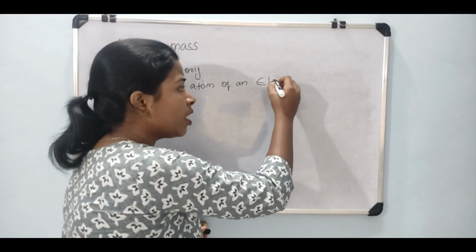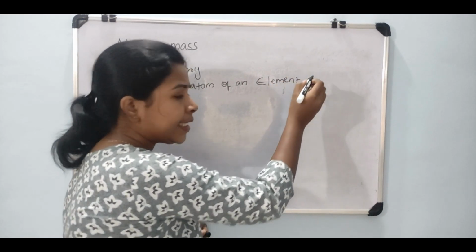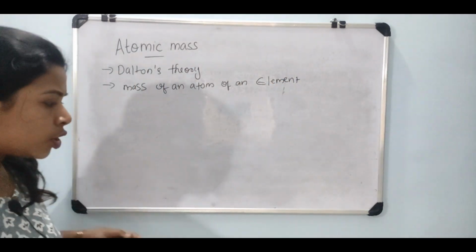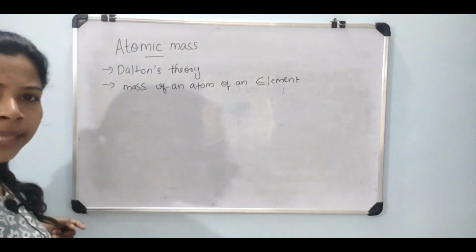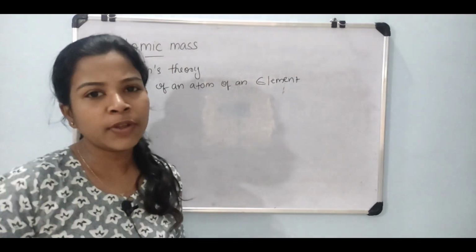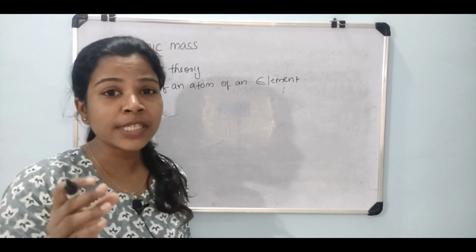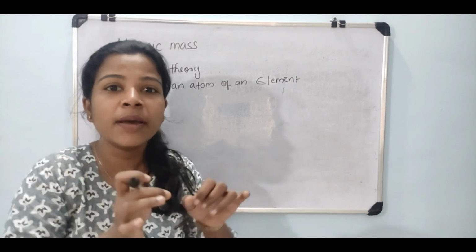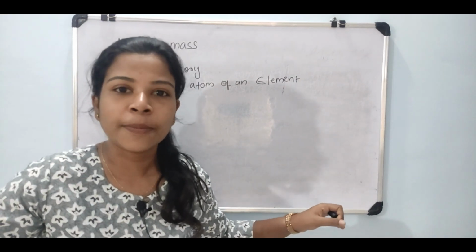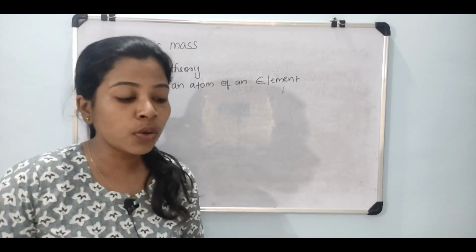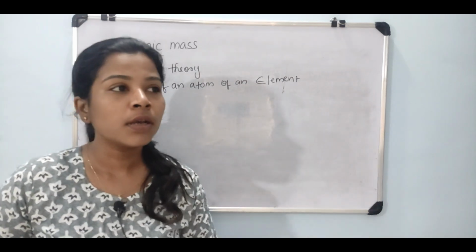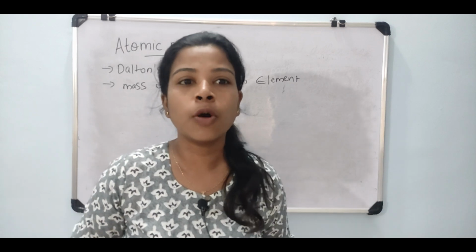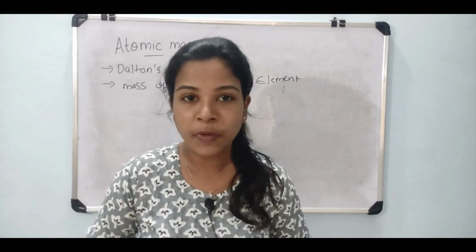Now, if I ask you to measure the length of this board, what will you use? You will use a scale or a measuring tape. If I ask you to measure the mass of some object, will you use a scale?